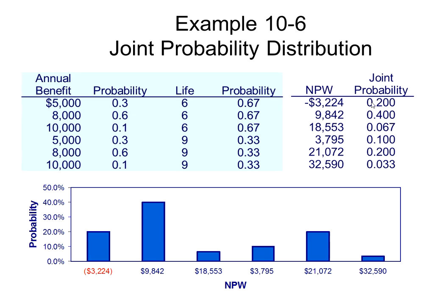For that we have a 20% likelihood, right? So a 20% probability of this happening. And then for this 9,842 net present worth, we have 0.4 joint probability, so you see that 40% here, and so on. This is just a graphical representation of the net present worth and its distribution.